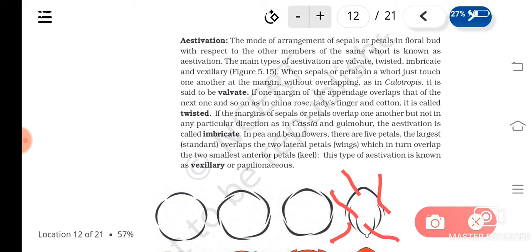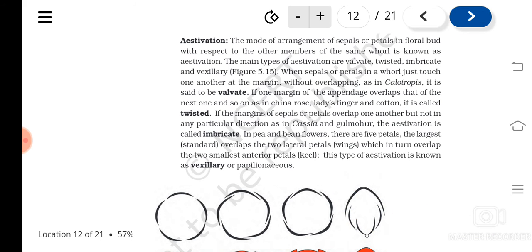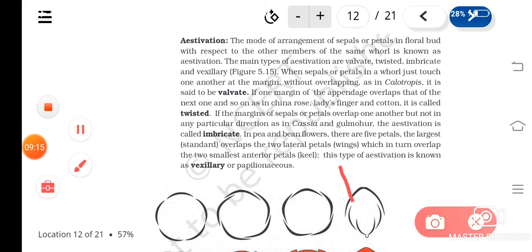According to this vexillary or papilionaceous estivation, there will be five petals. The largest one is known as the standard petal. The other two petals at the sides are known as wing petals.